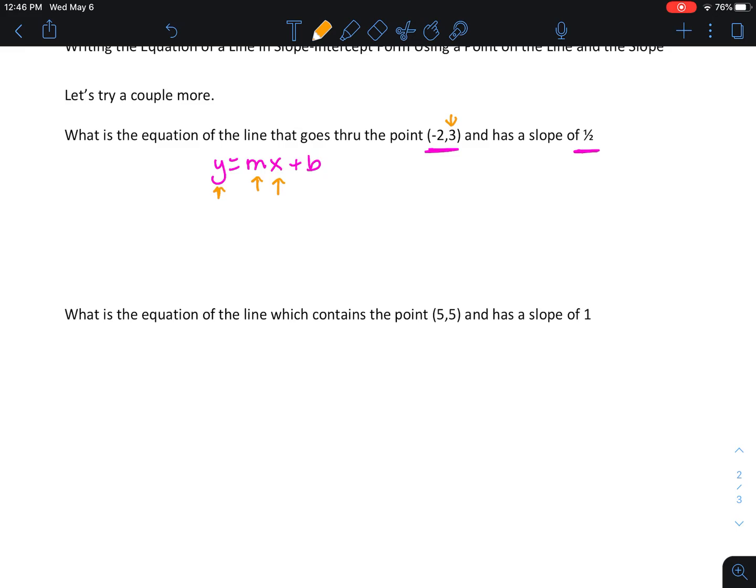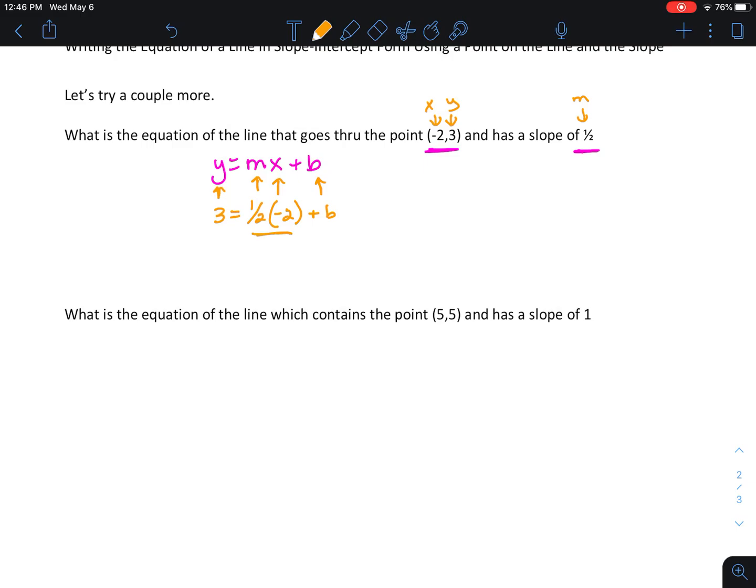So remember, the second number here is y, the first number is x, and then the slope is m. So this equation now becomes 3 equals 1/2 times x, which is -2, and then the b gets to stay plus b, okay?